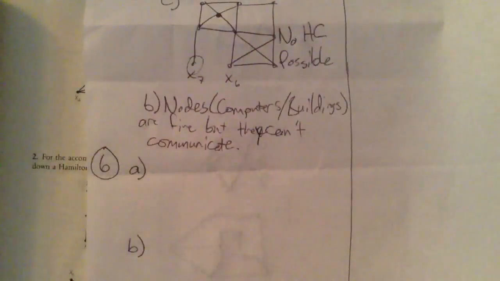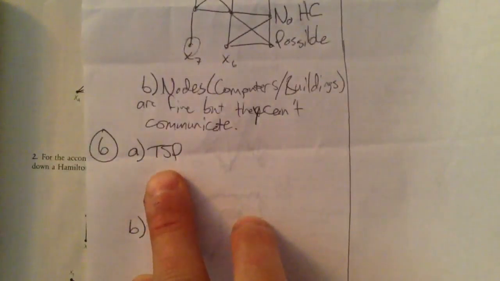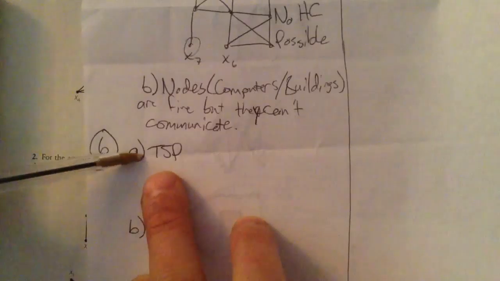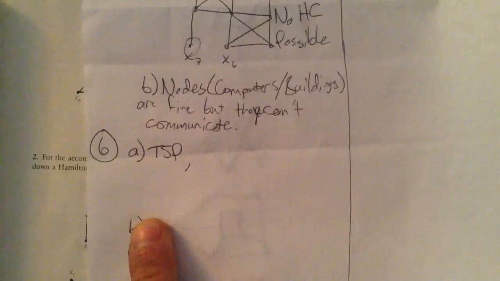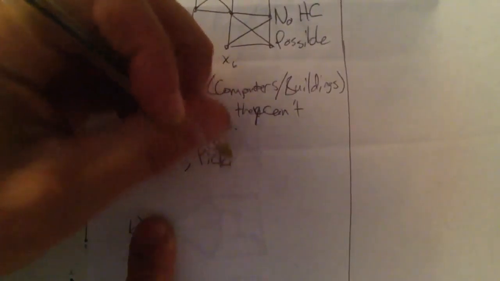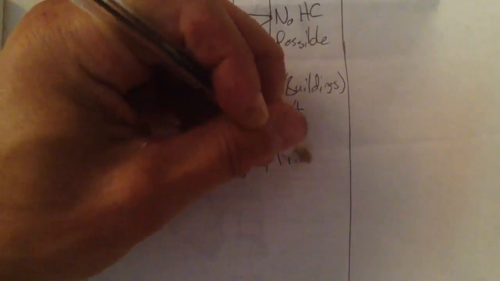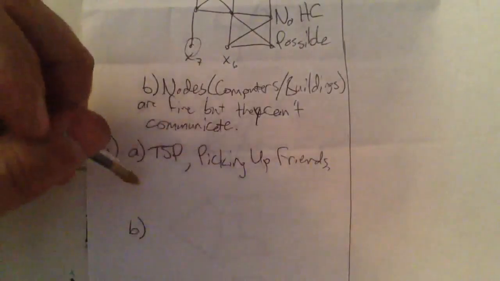So, real-world situation, and it may be contrived, but the traveling salesman problem is one real-world situation where a traveling salesman has to visit different cities and make it back home. Another one would be, I don't know, picking up friends for some reason. Another one could be, well, dropping people off.